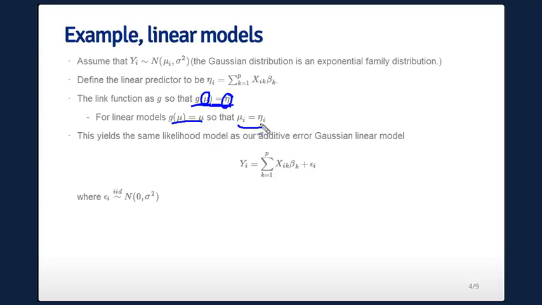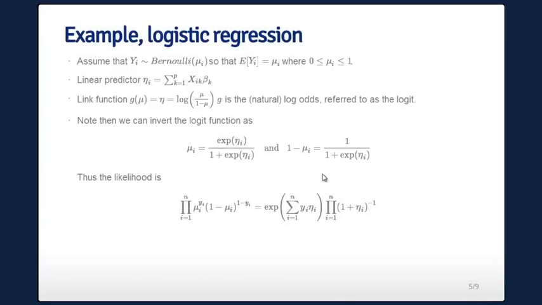So in other words, the mean satisfies this relationship, and then we're just back at the ordinary linear model that we all know and love. So this yields the same kind of likelihood as our ordinary additive Gaussian linear model.